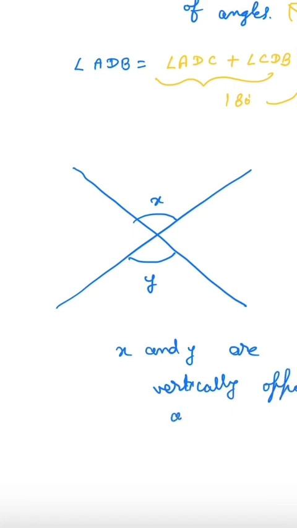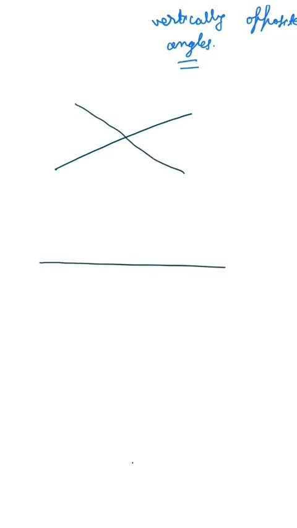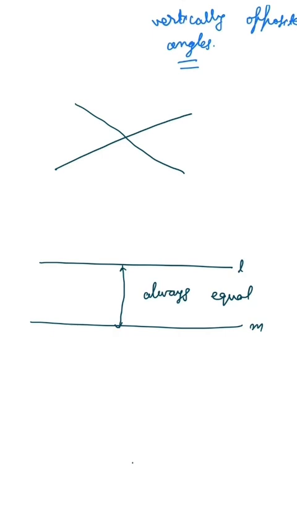Suppose we have two lines, and they can be drawn either in this manner or in this manner, such that the distance between these two lines is always equal. If this is the case, this is known as a pair of parallel lines, whereas these are called intersecting lines.